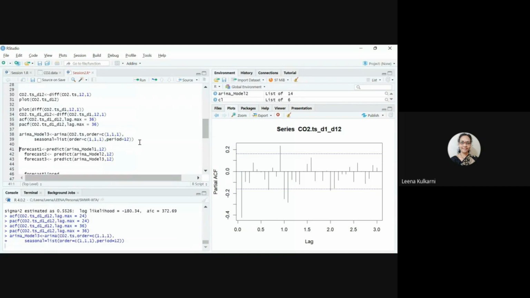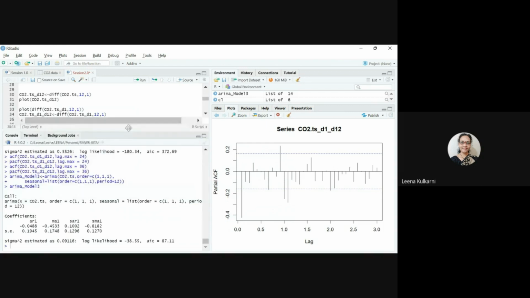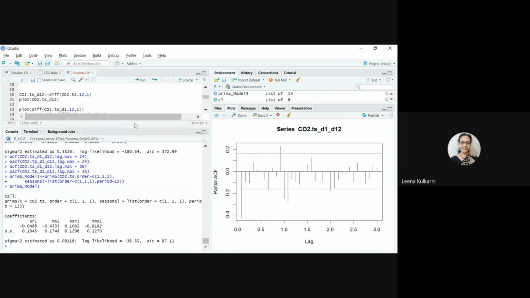So if we try to fit this ARIMA model and then get the summary, since we are talking about ARMA 11 for non-seasonal and seasonal ARMA 11, it will give me 4 parameter estimates: 2 for non-seasonal and 2 for seasonal.